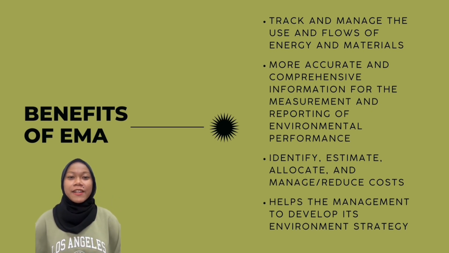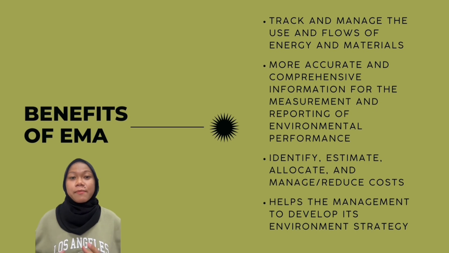The third benefit is the ability to more accurately identify, estimate, allocate, and manage or reduce costs, particularly environmental types of costs. And the last one is EMA helps the management to develop its environmental strategy for moving toward a greener corporate culture.